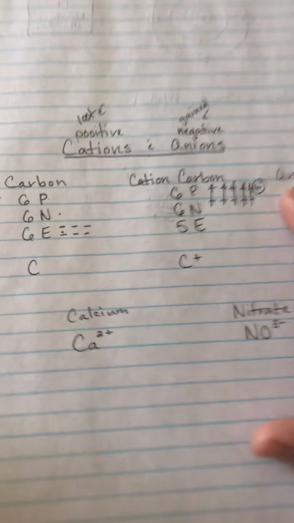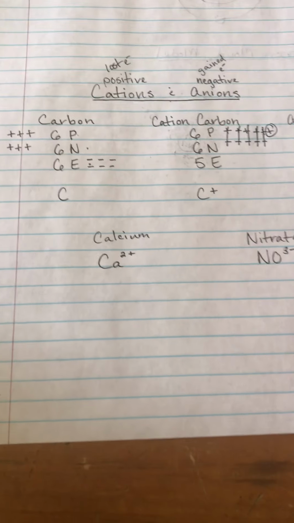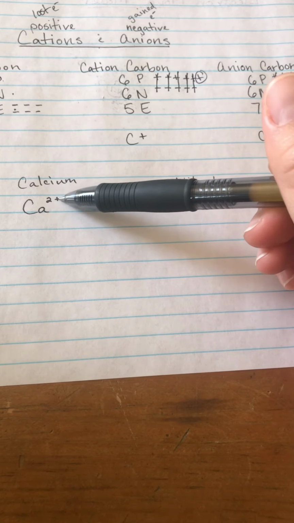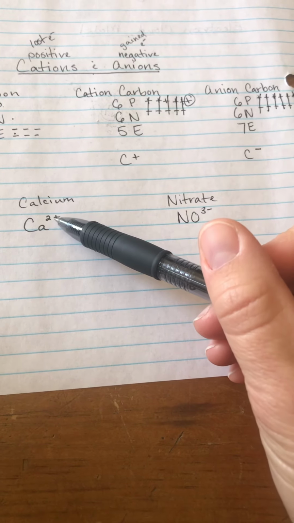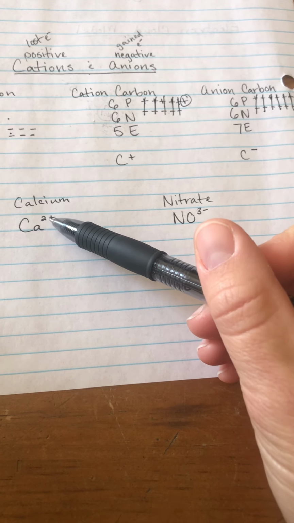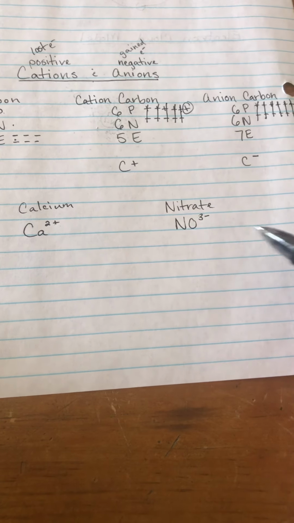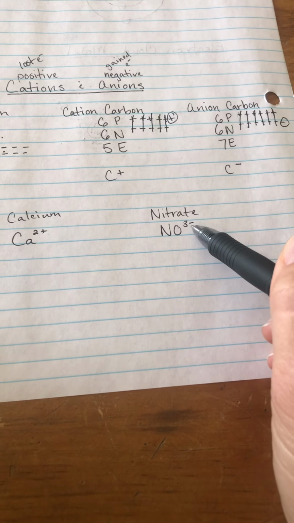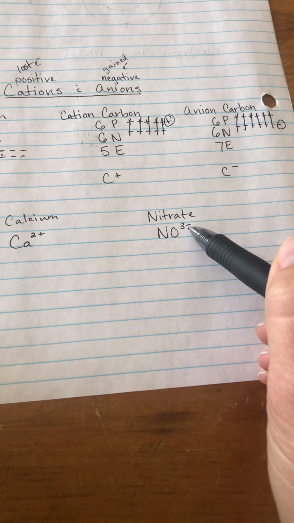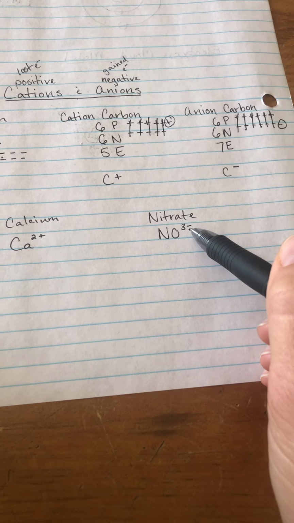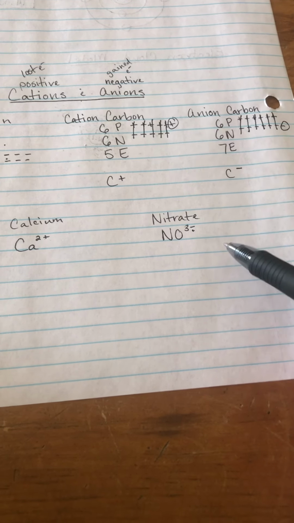Let's look at some more advanced ones. Sometimes you'll see cations and anions denoted with a number before the plus or minus sign. What that means is rather than having 1 extra positive charge, it has 2 extra positive charges. And rather than having 1 extra electron, it has 3 extra electrons.